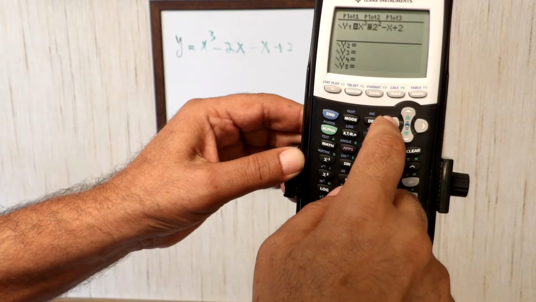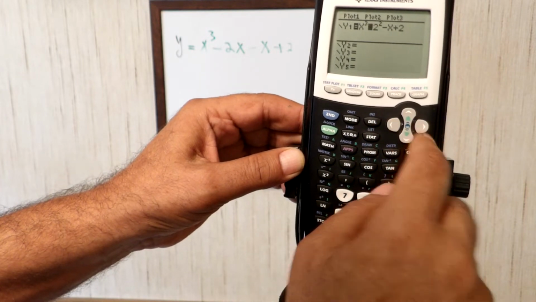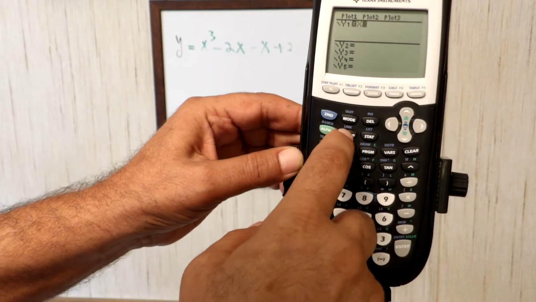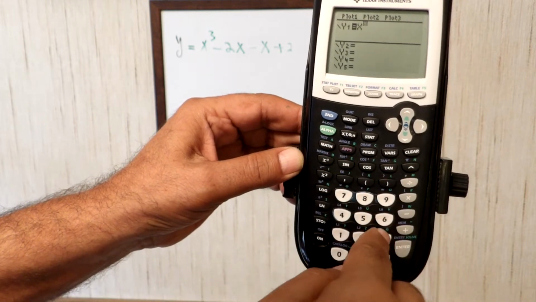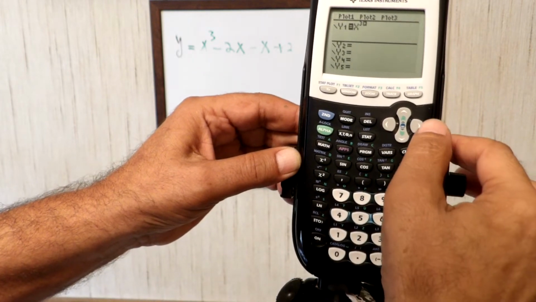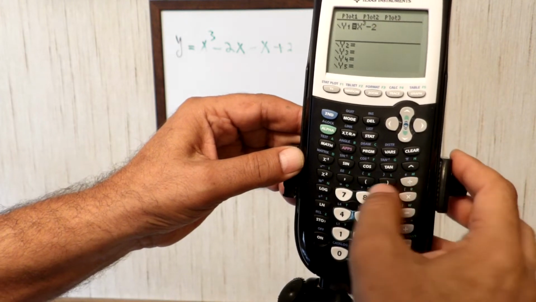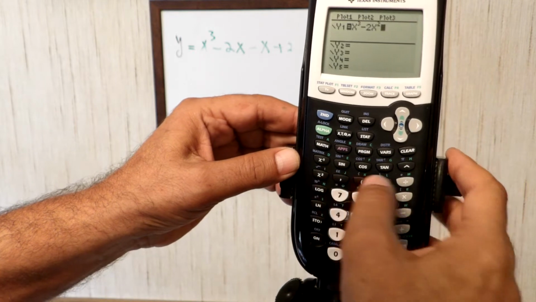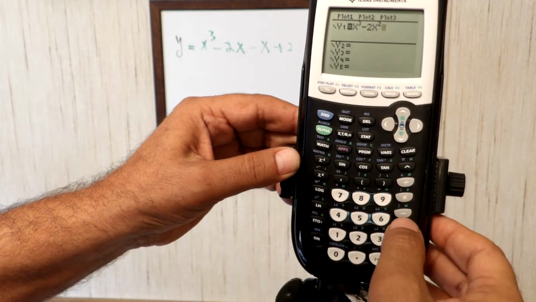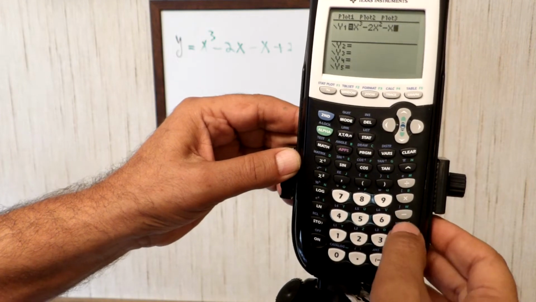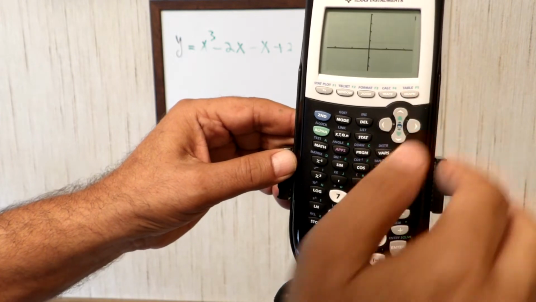Let's clear all this. See, x to the power of 3 minus 2x to the power of 2, and then minus x plus 2, and we graph this one.